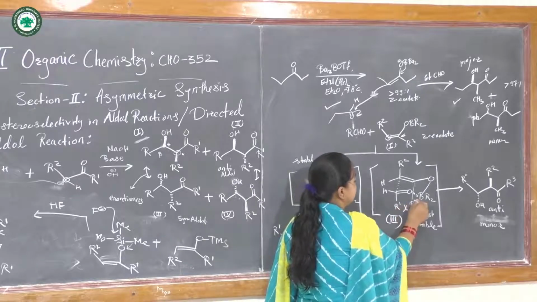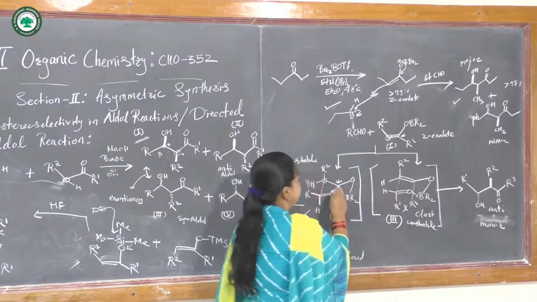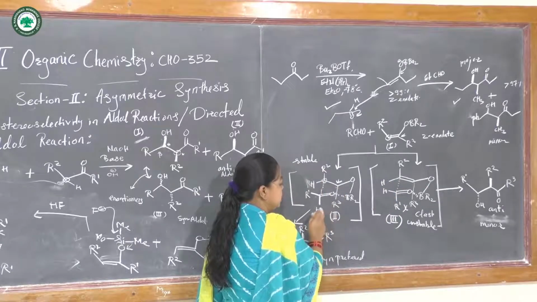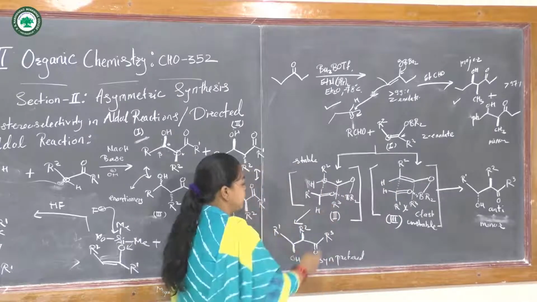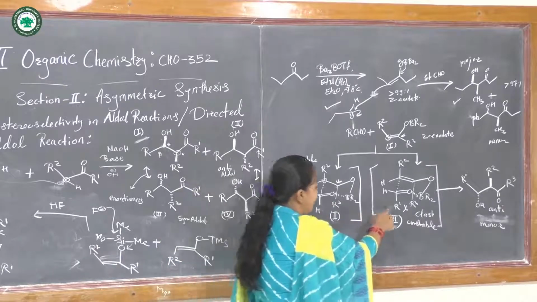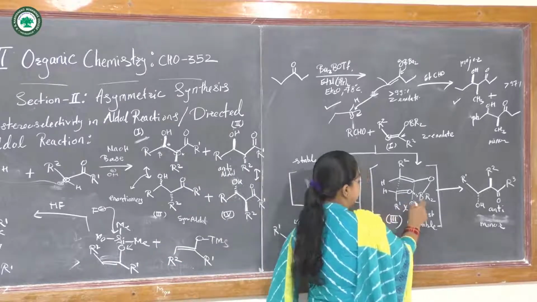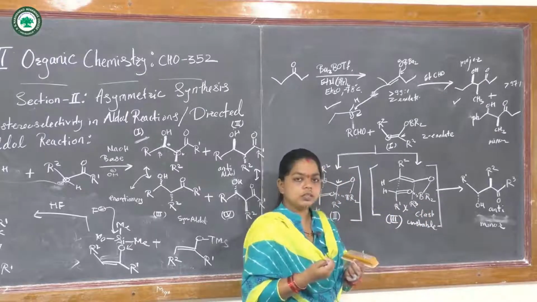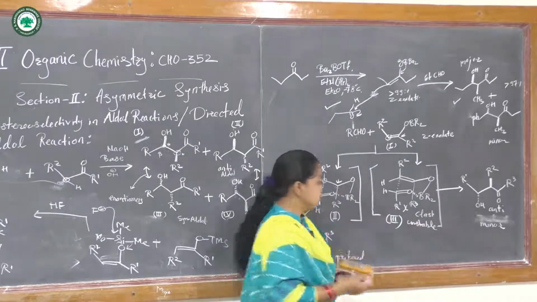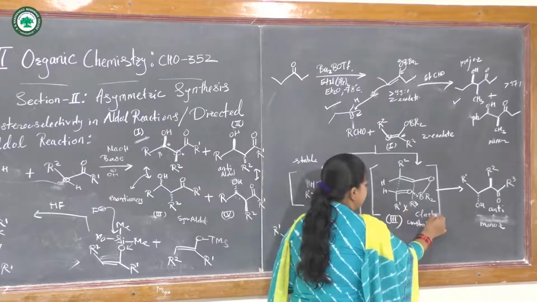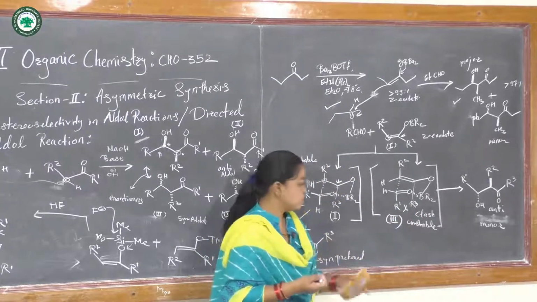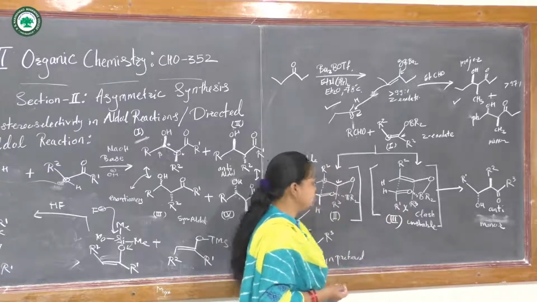The R3 group is in close proximity with hydrogen, and here the R1 group of the aldehyde and the R3 group from the ketone are closer to one another. As these R groups are bulky, there is a clash, steric hindrance and repulsion. So the clash of R3 and R1 occurs.